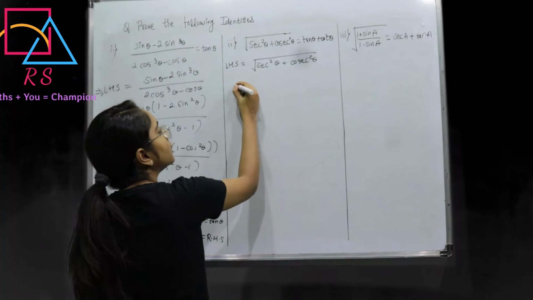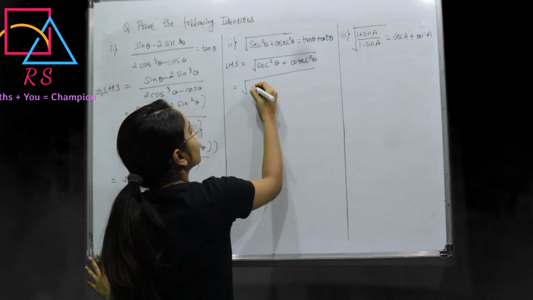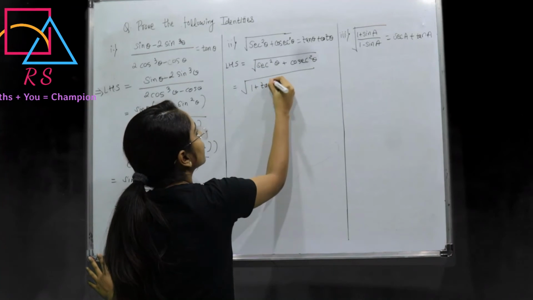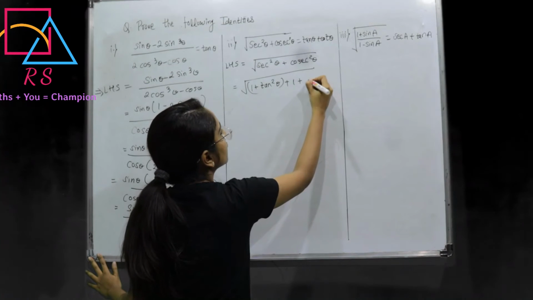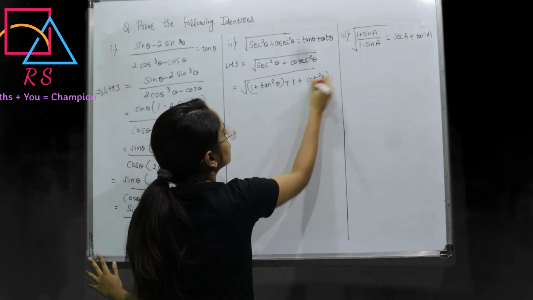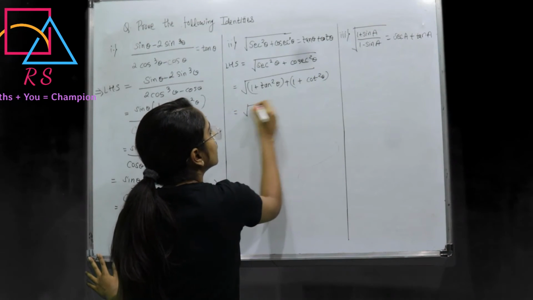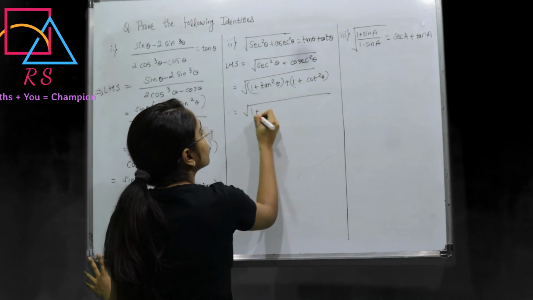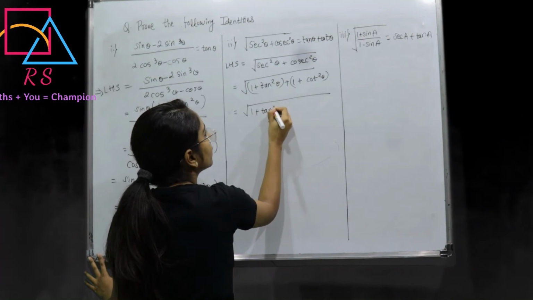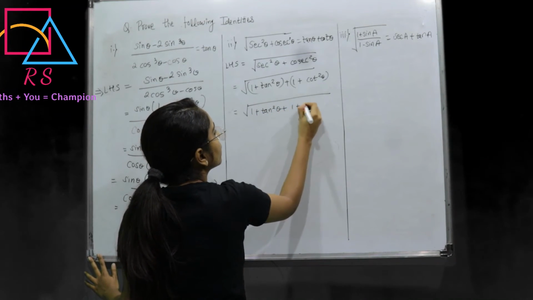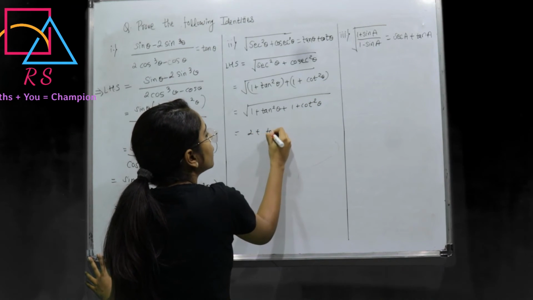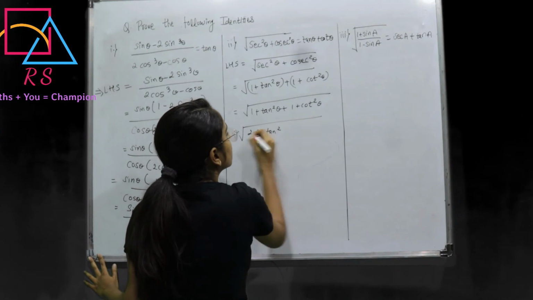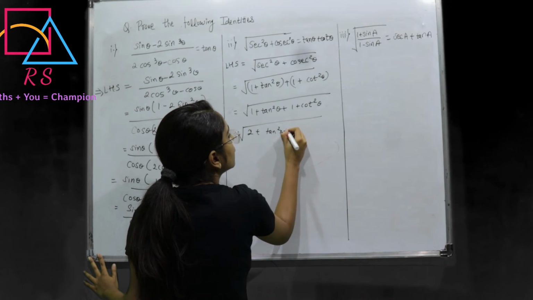The second identity, in which value of sec square theta is 1 plus tan square theta and cosec square theta is 1 plus cot square theta. I will just open the bracket, 1 plus tan square theta plus 1 plus cot square theta. Here 2 plus tan square theta will get remaining.